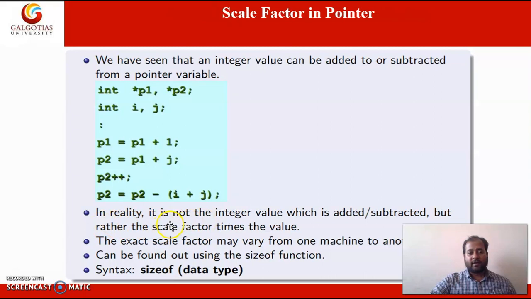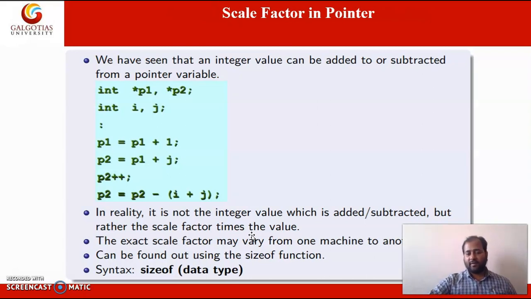In reality, it is not the integer value which is added or subtracted, but rather a scale factor. The scale factor depends on the data type. Suppose a pointer variable points to a character, then it will point to the next byte.